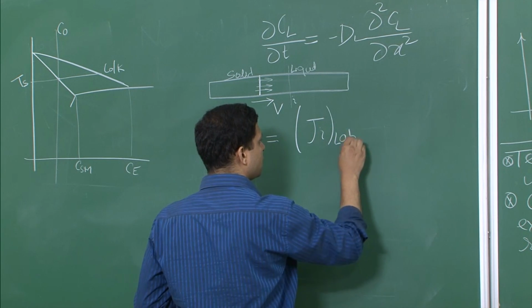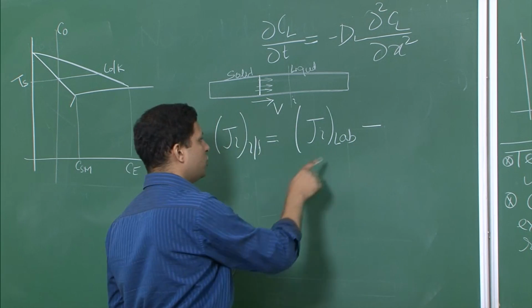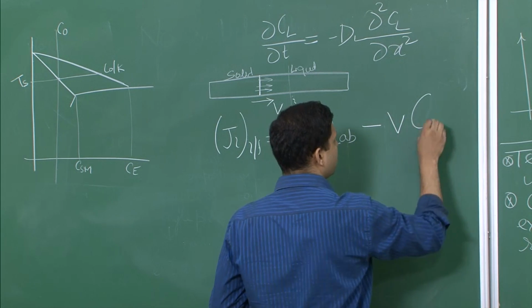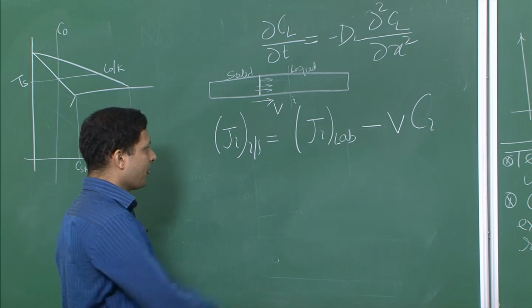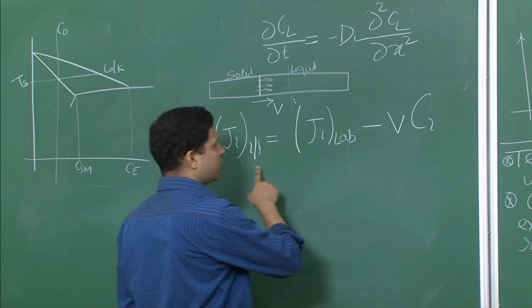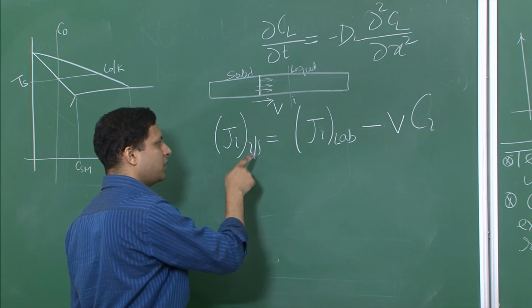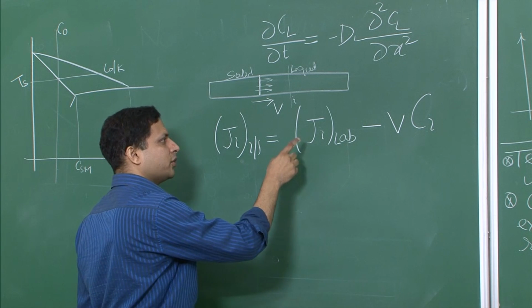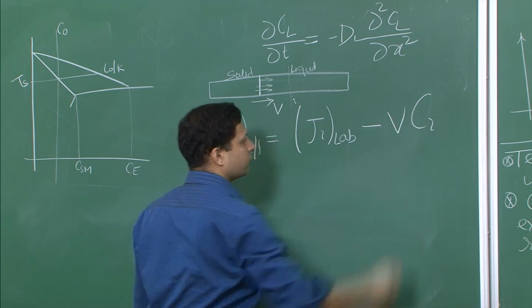So let us say this is this. Then these two are related by this quantity V Ci, where Ci is the concentration at this plane i. So now you can see that the flux in the interface reference frame would be smaller than the flux in the lab frame by this quantity V Ci.